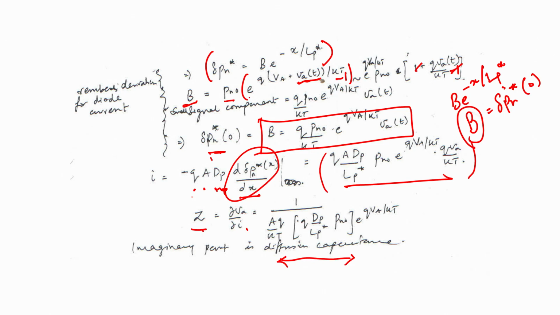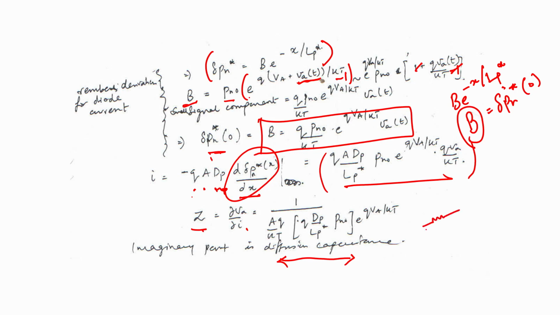Okay, the key message here is that it is because of the fluctuations in the injected minority carriers, which is quite significant in forward bias. And therefore, the diffusion capacitance is quite important when you are talking about a PN junction in forward bias. So, to summarize, the PN junction in forward bias has got different terms.